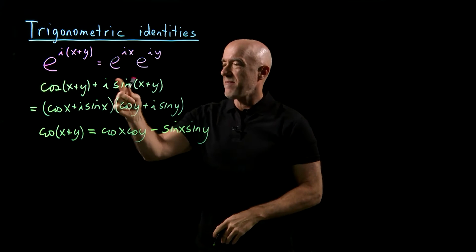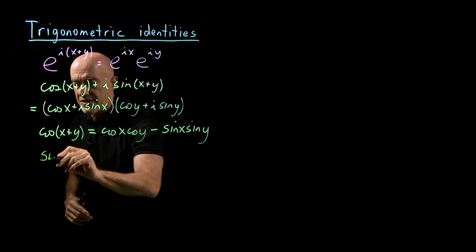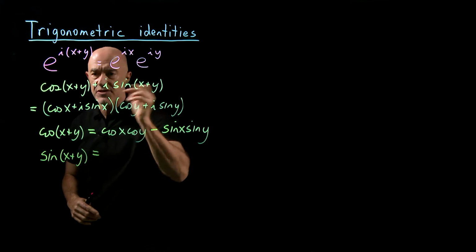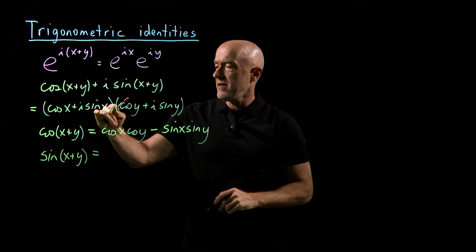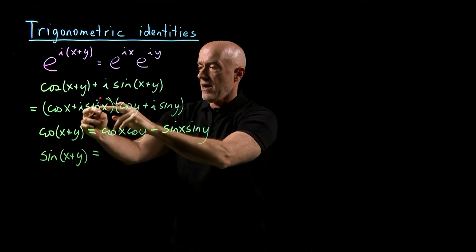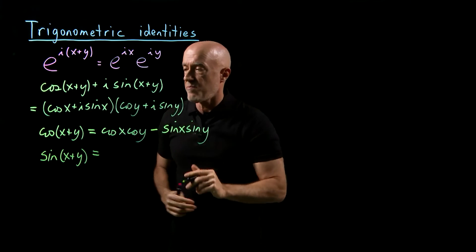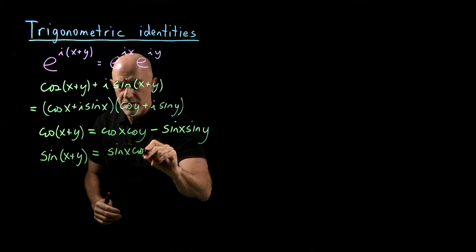What about the imaginary part of both sides of this equation? So that gives us sine of (x+y) on the left-hand side. Now it's going to be the cross terms here. So we can start with the i times sine x cosine y. So the imaginary part there would be sine x cosine y.